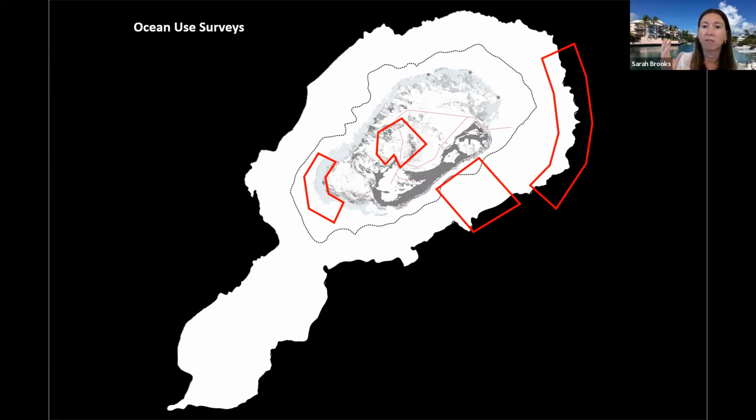Now, that fisherman is given 100 value points, and he can distribute those points across the shapes however he likes. Now, this is a subjective survey, so he can value those areas in whatever way he wants. He can value them by the time he spends in an area, where he catches the most fish, where he catches the most valuable fish, ease of access.